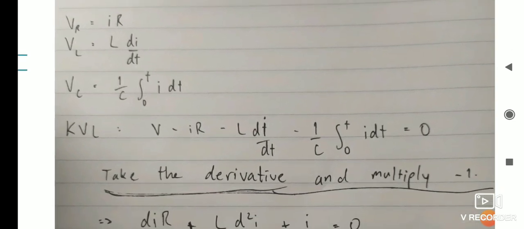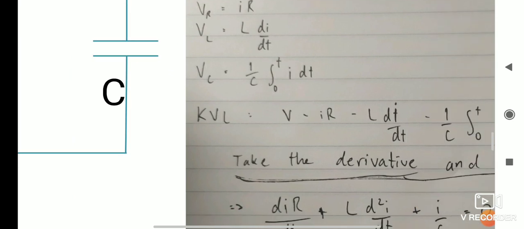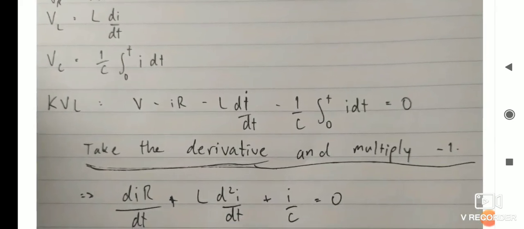Having known all the three terms, we can sum up all the voltages by using KVL. So the first term is V, of course, which comes from the voltage source, right? So everything after that has to be in a negative form, right? Because we want to subtract, as we absorb the energy from the voltage.